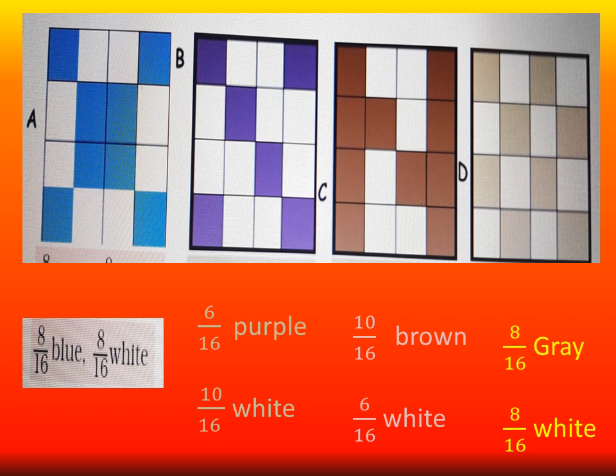How much portion has been colored? 8. So 8 upon 16, because the total number of squares is the same, 16 only. Then the white portion is 8 upon 16. So this way we have to make different patterns in the given rectangle, and we have to write how much portion has been colored and how much we left white.